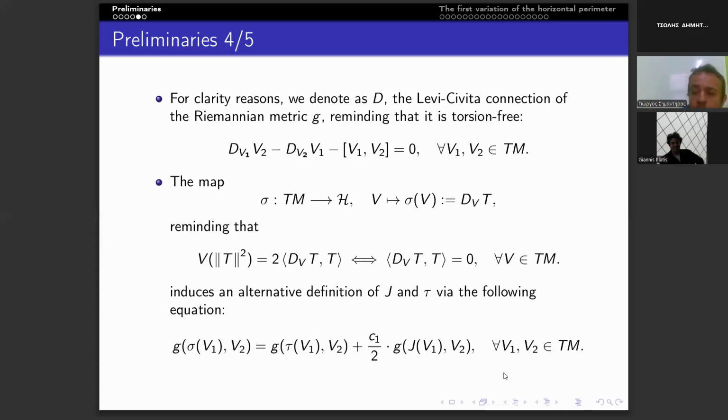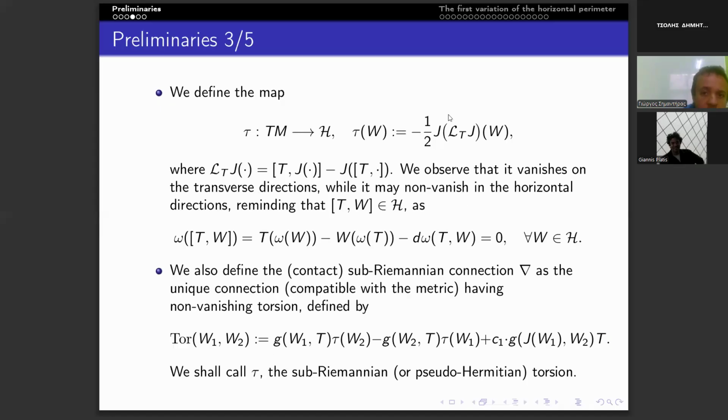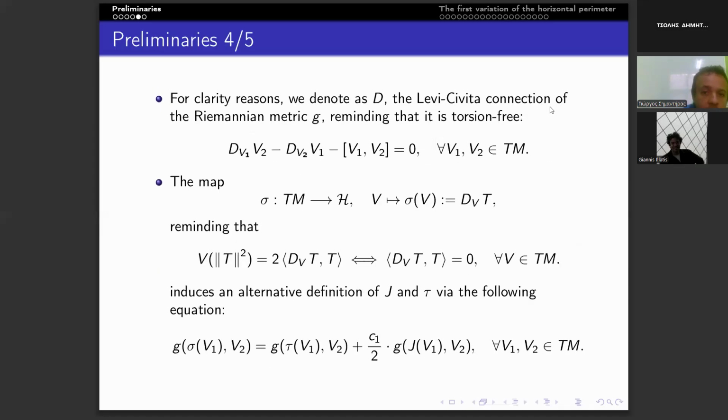In order not to confuse the Levi-Civita connection with the nabla here, we just denote the Levi-Civita connection with D, and we remind that it is compatible with the metric, and it is torsion-free here.